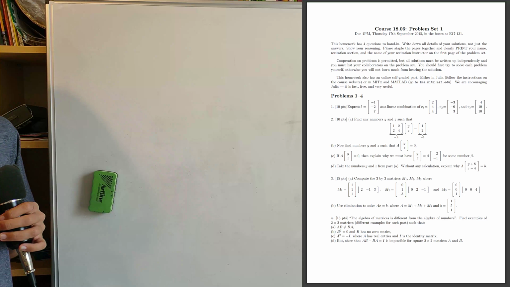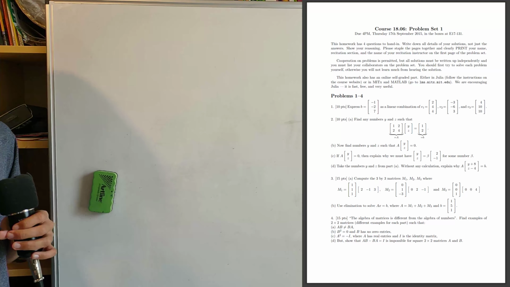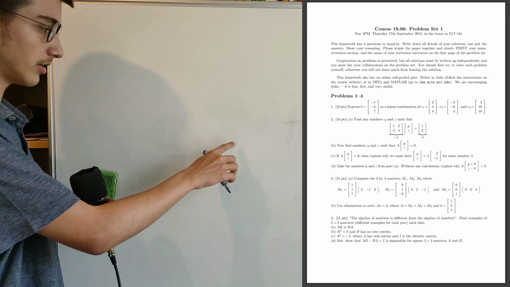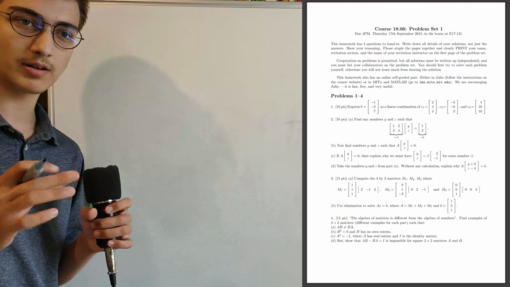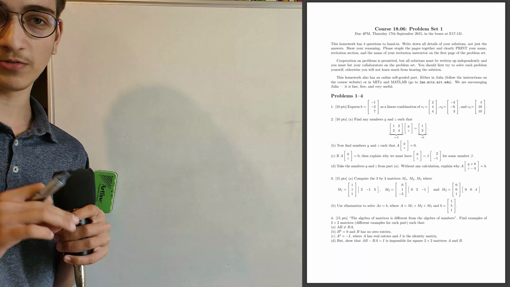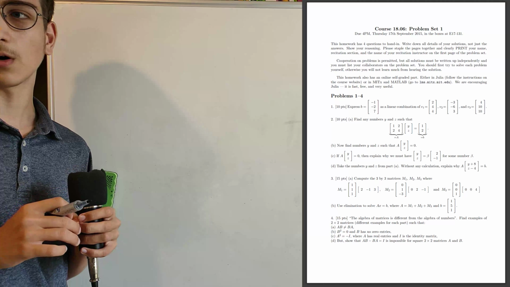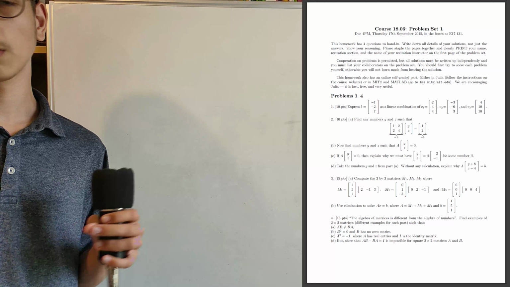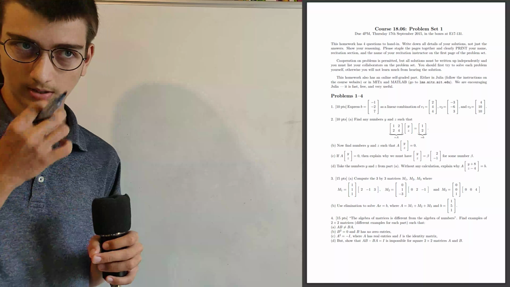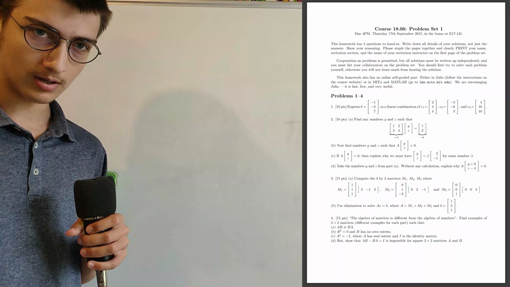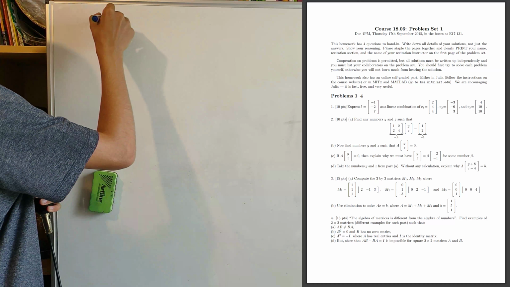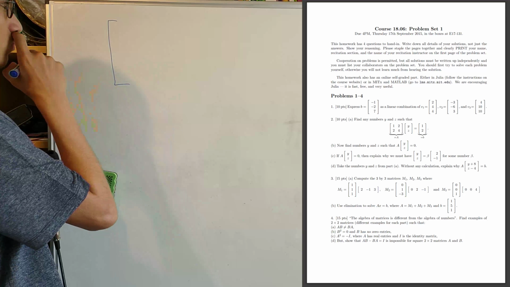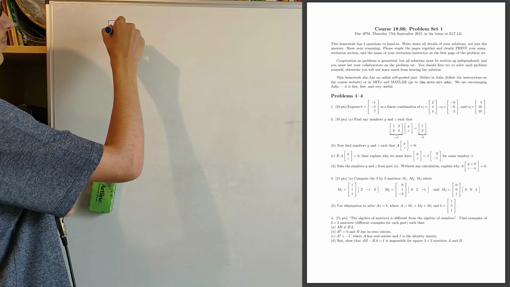What is a linear combination? A linear combination is when a vector is multiplied by a scalar, or when a vector is subtracted from another vector, or when a vector is added to another vector. Those are all linear combinations of vectors. So let's take an example before we start. Let's say v equals (1, 2, 3).